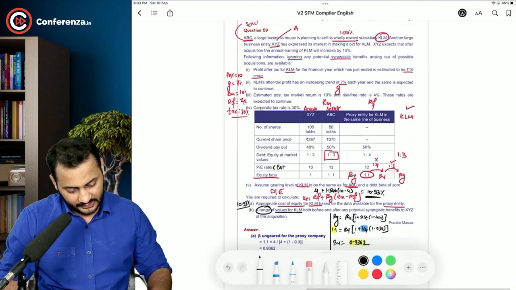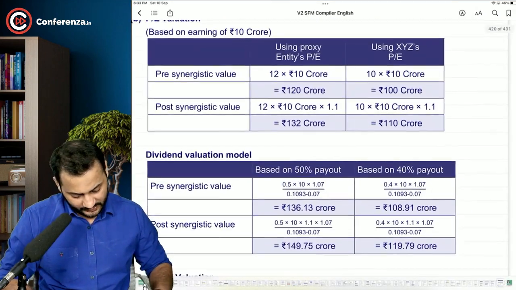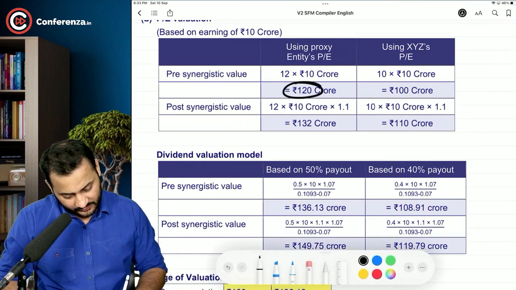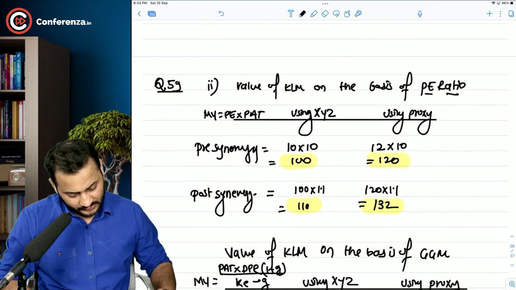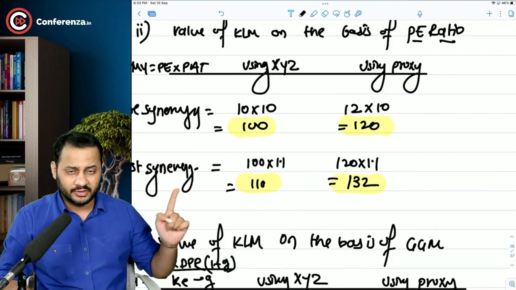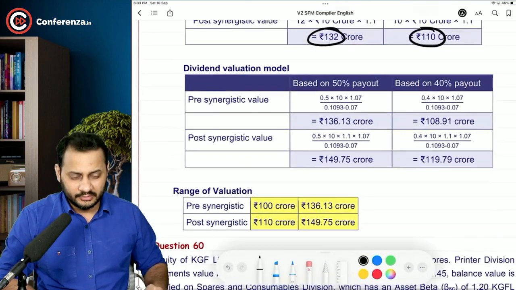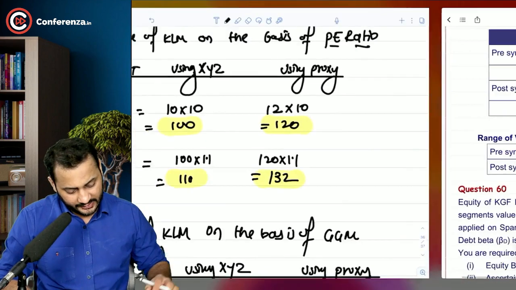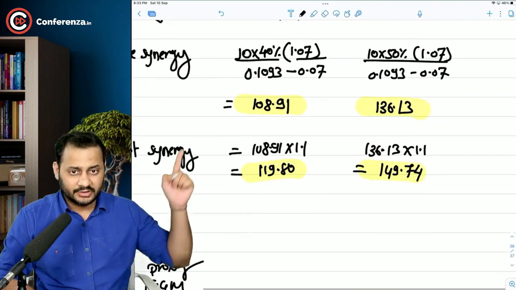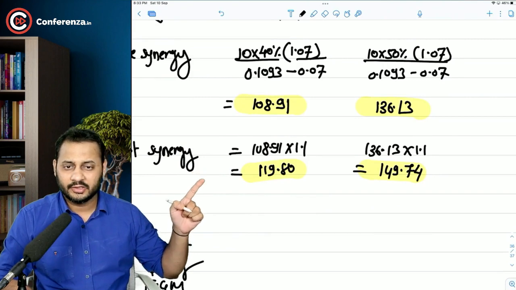Okay, let's come to the answer and finalize it. 120, 100, 132, 110. Then 136, 108, 149, 119.